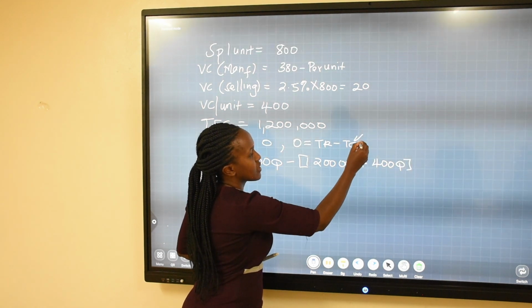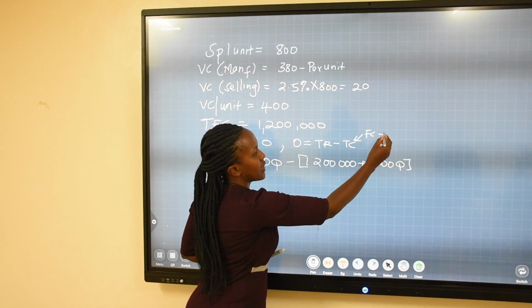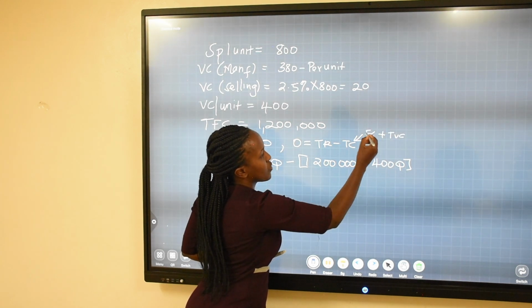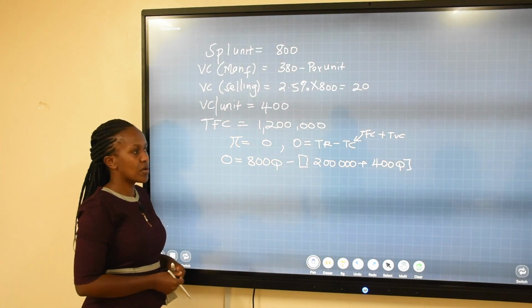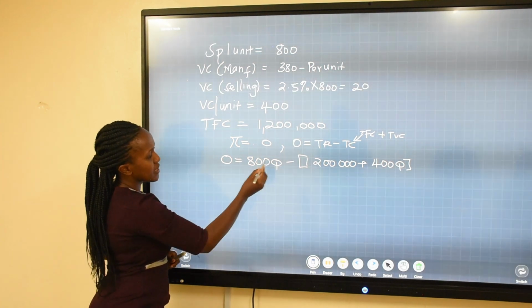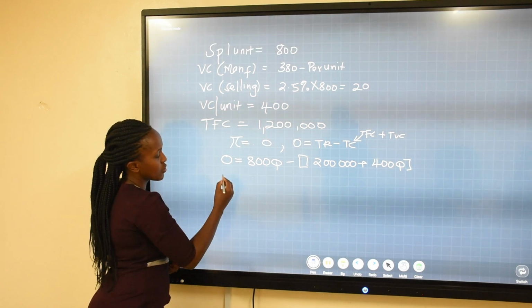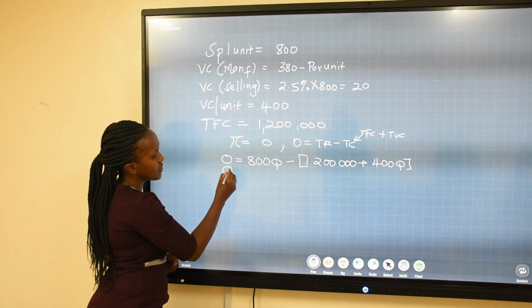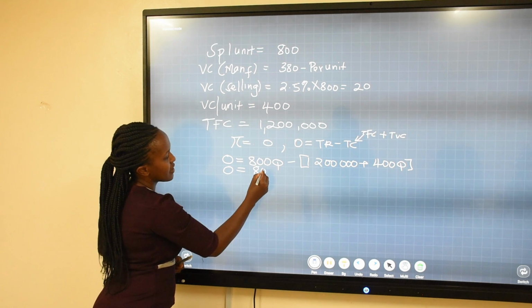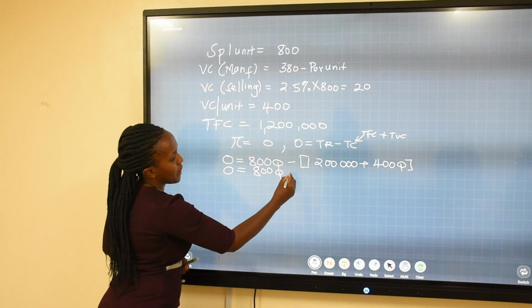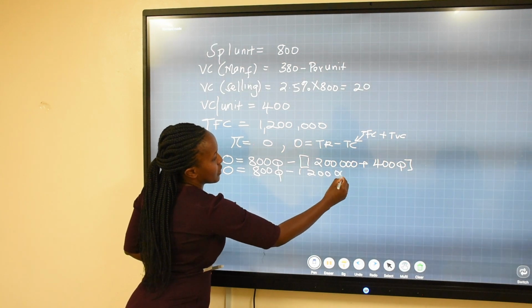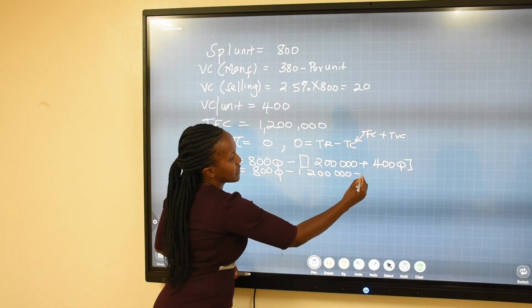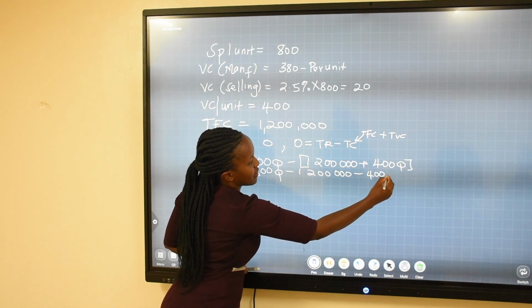I've just broken this into fixed cost plus variable cost, both of them in total: total fixed cost, total variable cost. So if you open this, it is going to give us 0 = 800Q - 1.2M - 400Q.